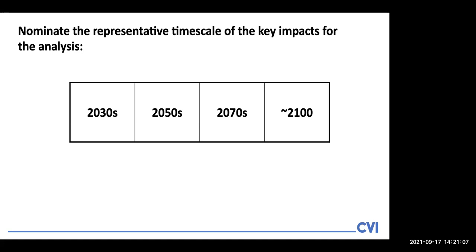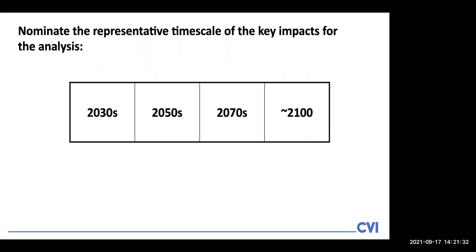And of course, different climate stresses may have different effects at different points in that timeline. So some of the currently slower acting but accelerating climate stresses may be more apparent in 2100, even though they have a negligible effect right now and into the 2030s and 2050s.